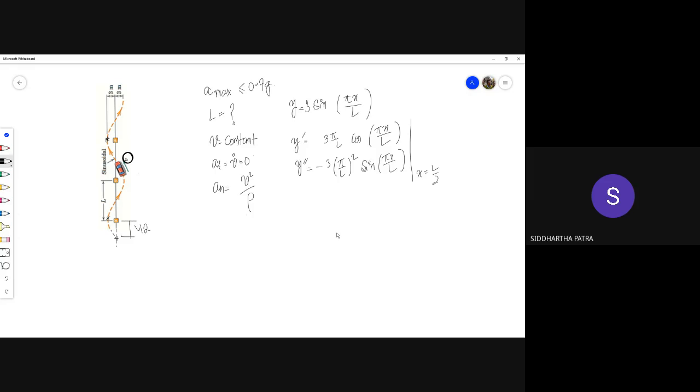So that is going to give you the lowest radius of curvature.